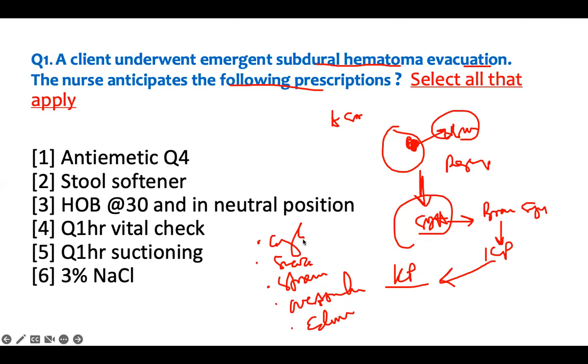To prevent the patient from coughing, don't suction them. Otherwise, if you continue to suction them, they're going to get overstimulated. Sneezing, the same thing. You don't want them to vomit either. You don't want them to strain, so give them a stool softener.